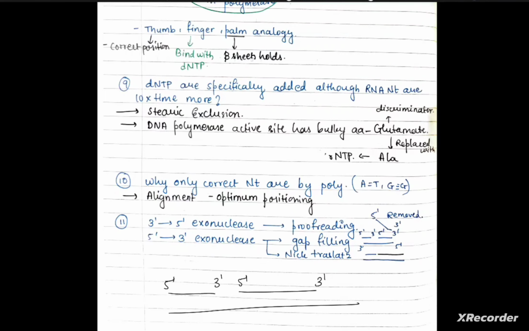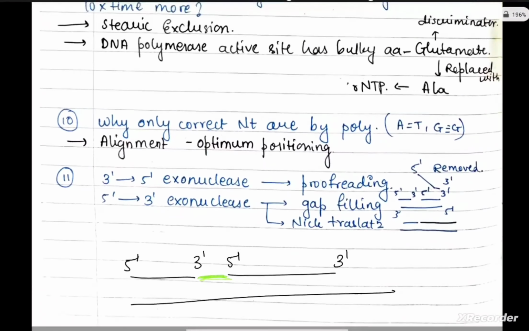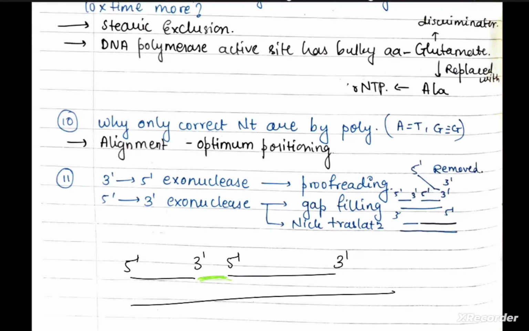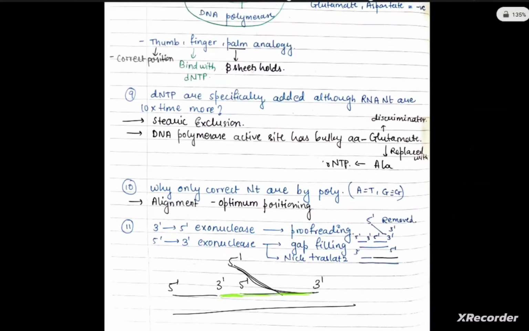So you can fill this gap with the new strand. That's fine. And later, this 5' to 3' exonuclease can also remove this particular template, and it will start synthesizing a new strand. This is 5' to 3' exonuclease activity. So that is used for nick translation as well. So gap filling and nick translation is possible because of this particular activity of DNA polymerase.